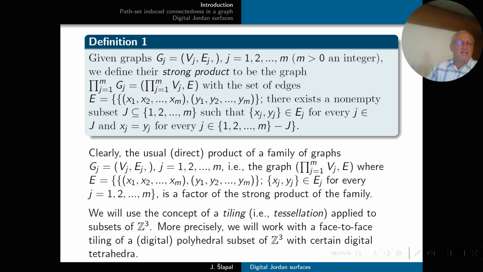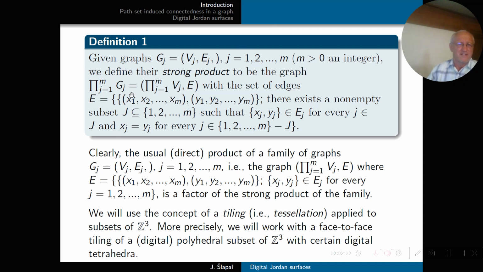Of course, we have the natural Cartesian or direct product of graphs. It is naturally defined, but there exists also another product which has in fact more edges than the classical Cartesian product.